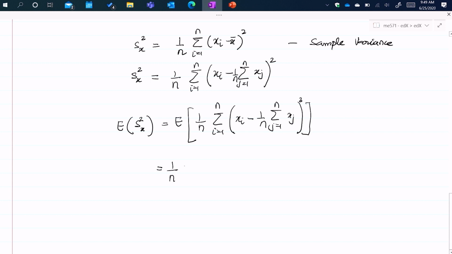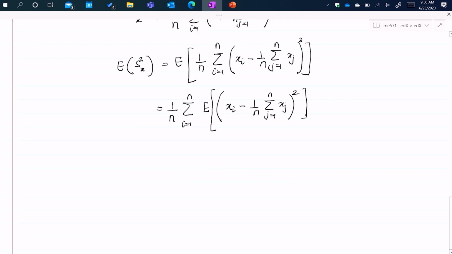So I'm going to write this as 1 over n summation i going from 1 to n expected value of this quantity, which is xi minus 1 over n summation j going from 1 to n xj, whole squared.